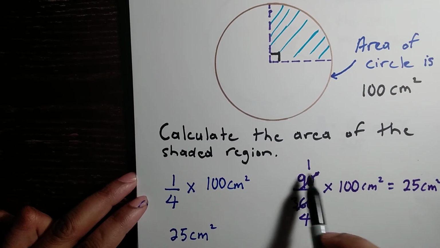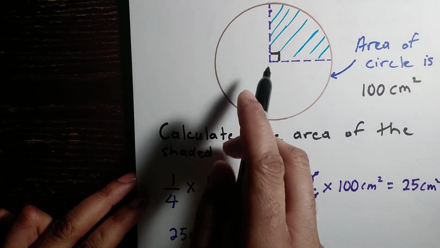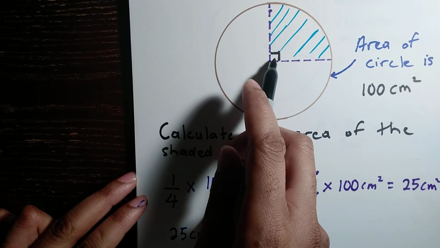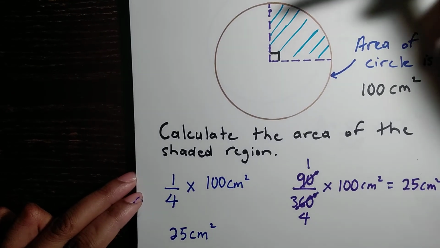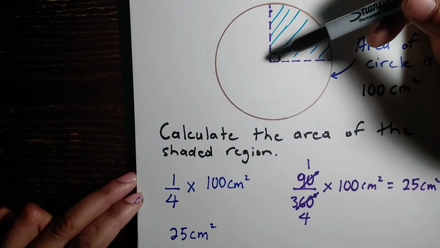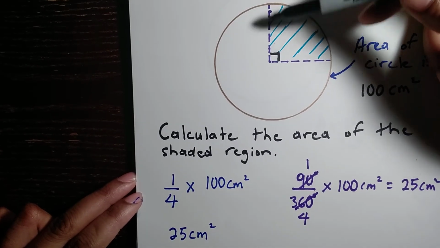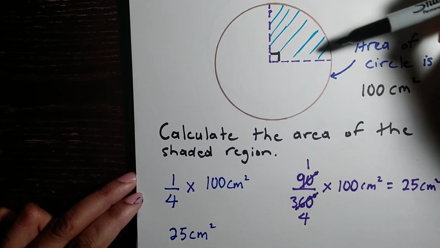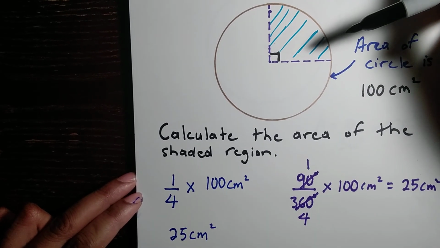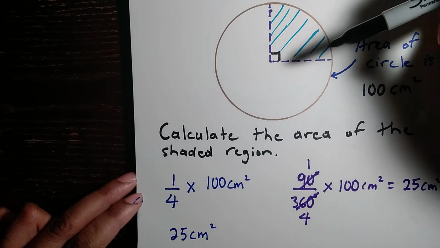90 degrees is actually what we would call the central angle. The central angle is the angle that comes from the center whose sides touch the circle. Remember, guys, the adjective central comes from the word center.